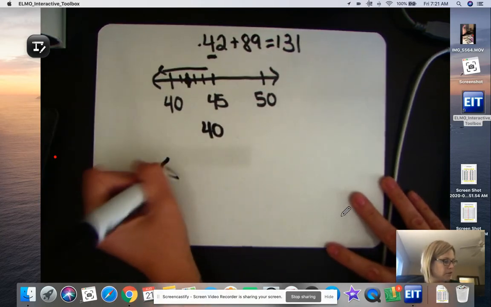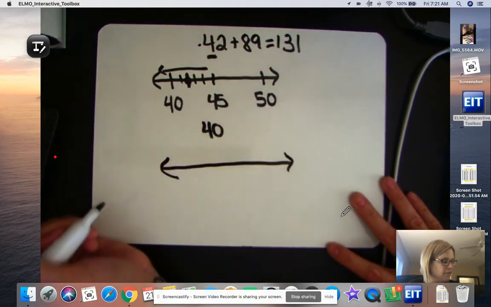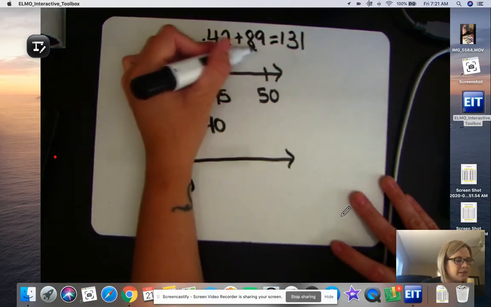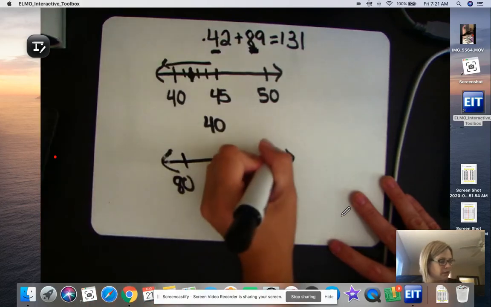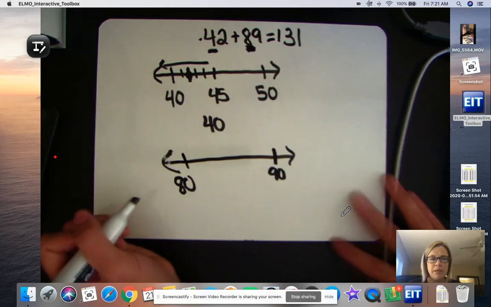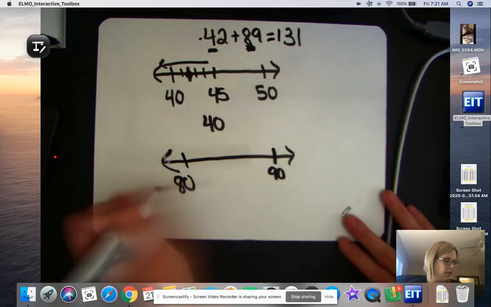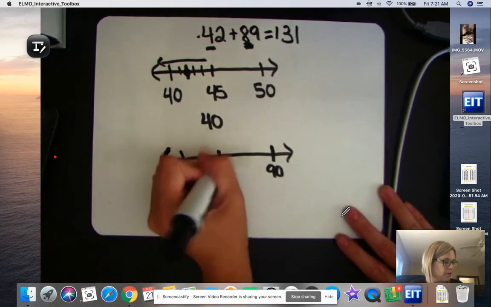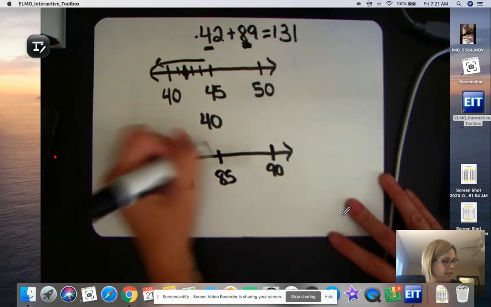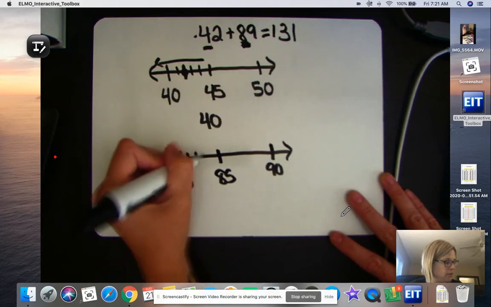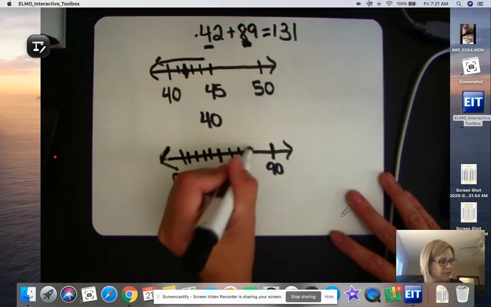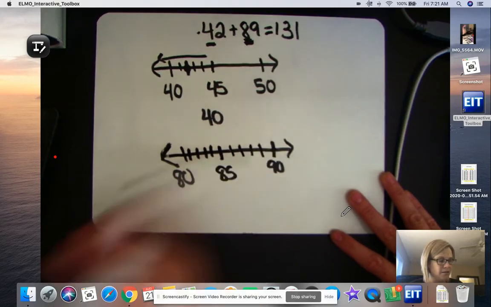Then I'm going to draw my number line for 89. I'm going to start with 80 because that's the 10 we're looking at. And the other end is going to be 90 because my next higher 10 is going to be 90. Right in the middle, I'm going to put 85 and then draw my ones. 81, 82, 83, 84, 85, 86, 87, 88, 89, 90.